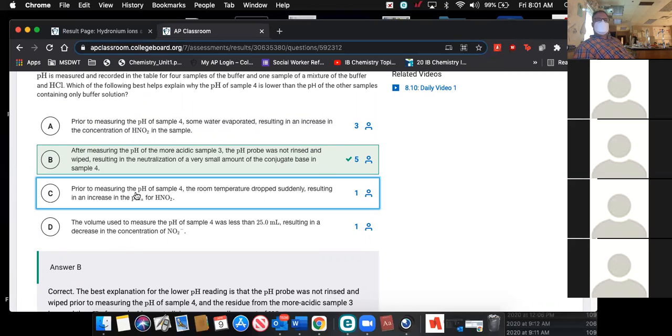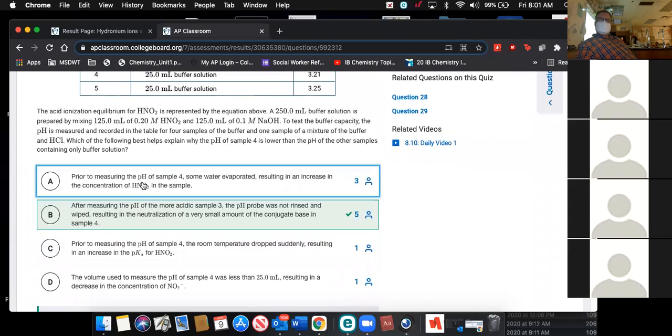If the room temperature drops, that would favor the reverse reaction, which would not increase the hydrogen ion concentration. Prior to measuring it, some water evaporated. Even if this water evaporated, our ratios are still going to be the same, aren't they?